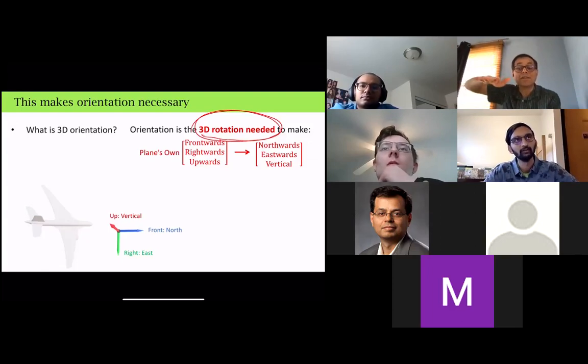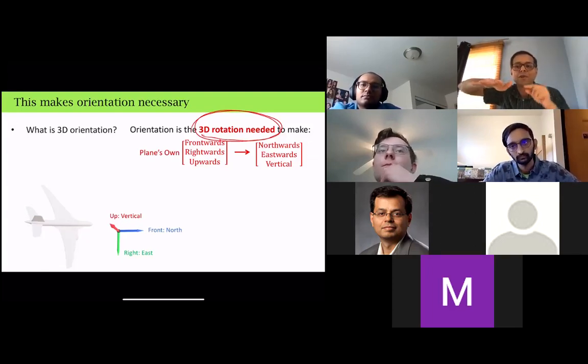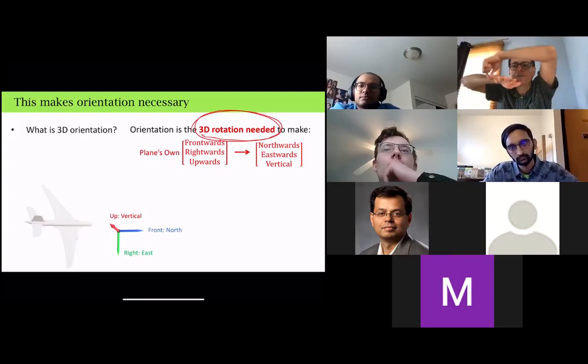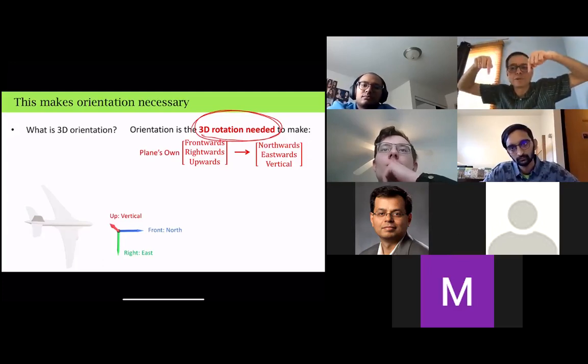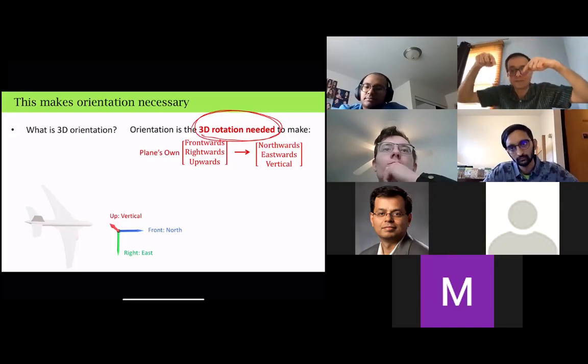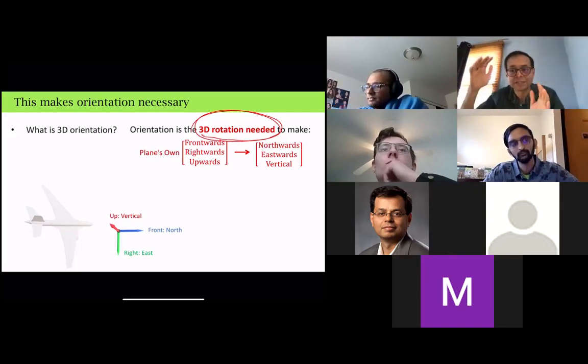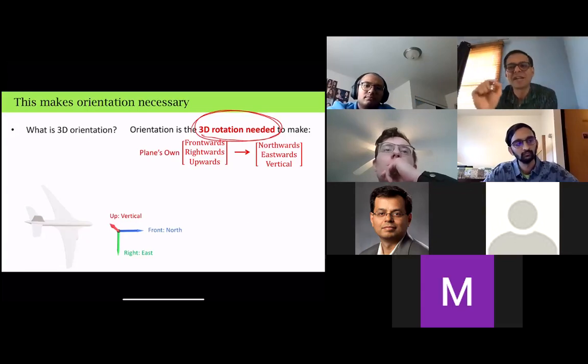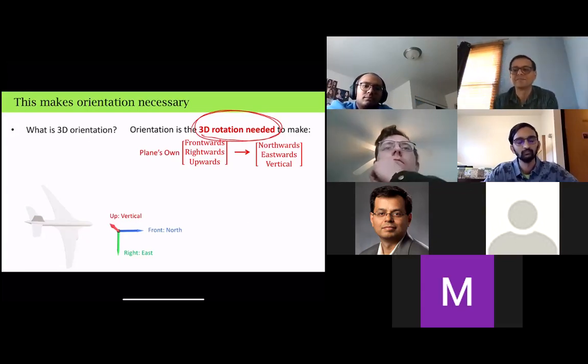Got it. Now, one thing you can do with GPS is, for a drone, you can put a GPS here and you can put a GPS here, right? You can put two GPSs and you can see how their locations are changing. From that, you might be able to infer orientation, right? But GPS does not give you that precision, especially in a multipath kind of environment, it's going to be much worse.